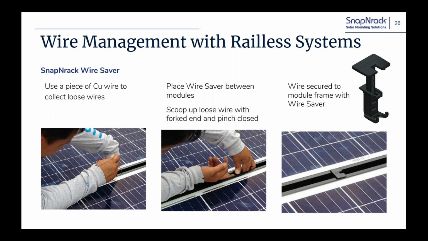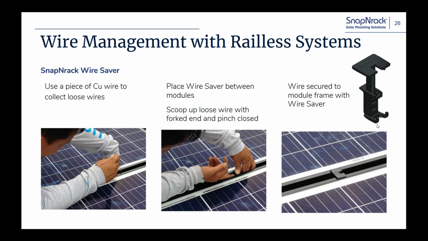What a guy would do is get out there with a piece of copper, shape it so that it can hook onto the PV wire, pull that up so that you can get the wire saver end right here, the little teeth of the wire saver, and scoop it up with that little fork.